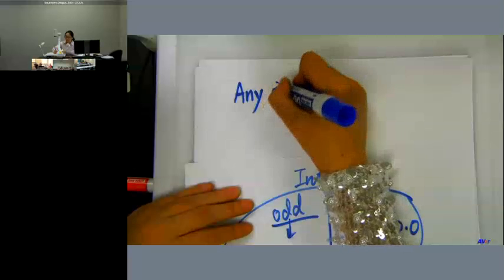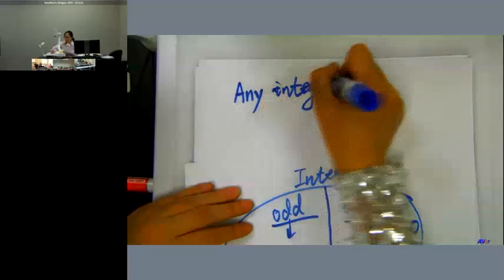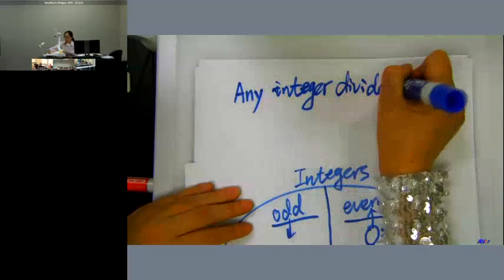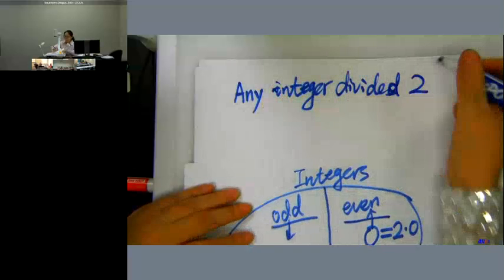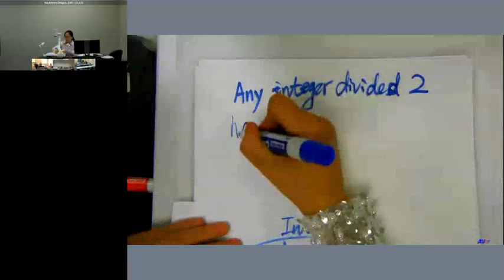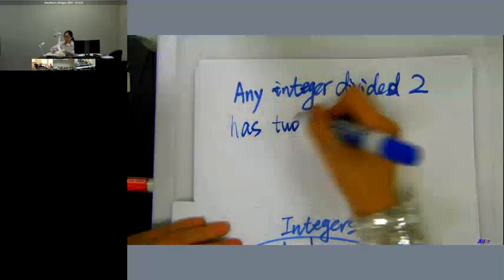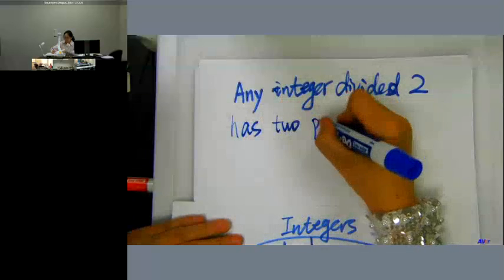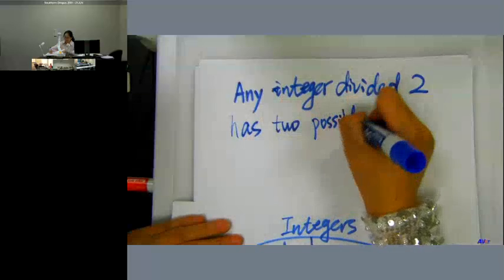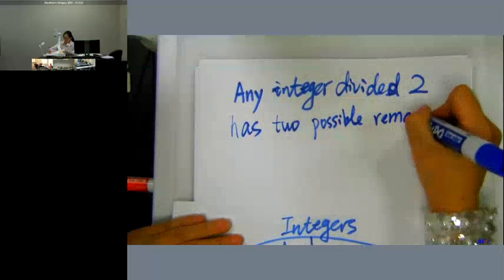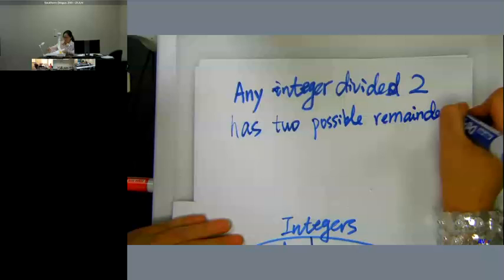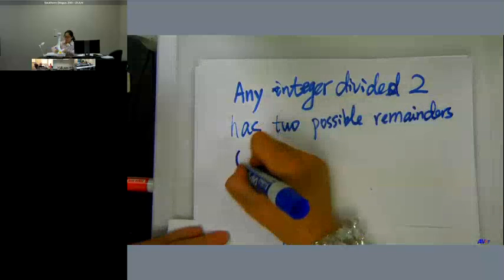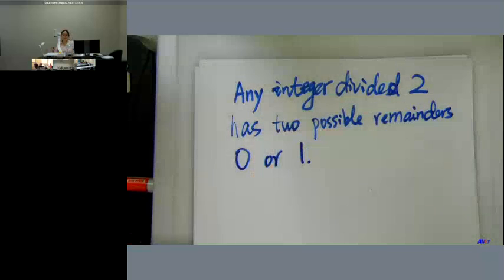Any integer divided by 2 has 2 possible remainders. It's either 0 or 1. Could the remainder be 2?